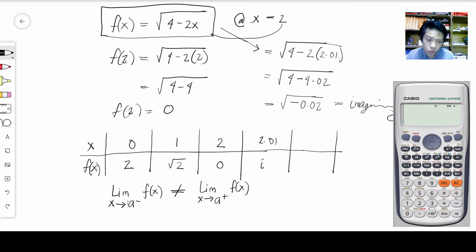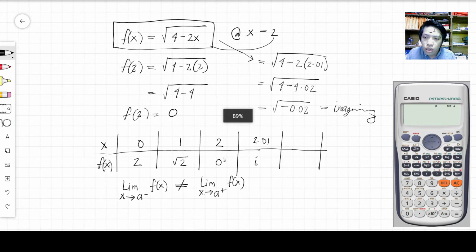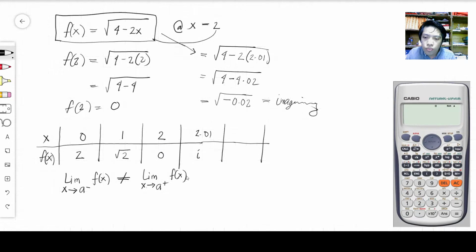What type of discontinuity is that? That type of discontinuity is what we call one-sided limit. Let me write it here. The type of discontinuity is what we call, number 2 ito niya, one-sided limit.